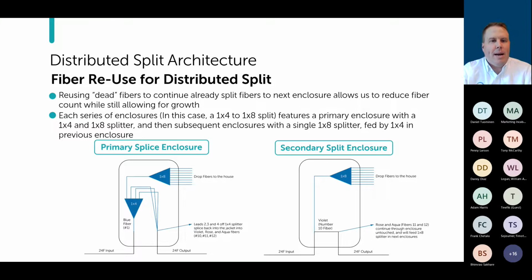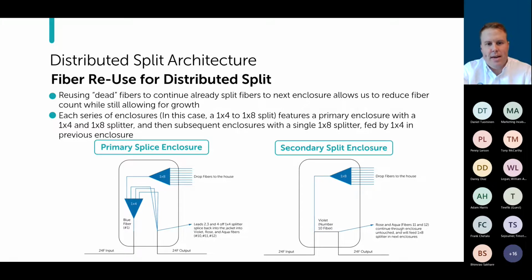So if we look at our primary splice enclosure, if we take our blue fiber and we feed a 1x4 splitter, we're going to take the first leg off that 1x4 splitter, and that's going to feed our 1x8 splitter. So 8x4, 32, those 8 fibers coming off that 1x8 have been split 32 ways, and we can run those drops to the house. Our next 3 fibers on that 1x4 are going to get spliced back into our cable.